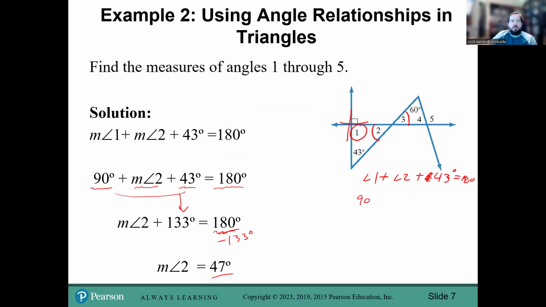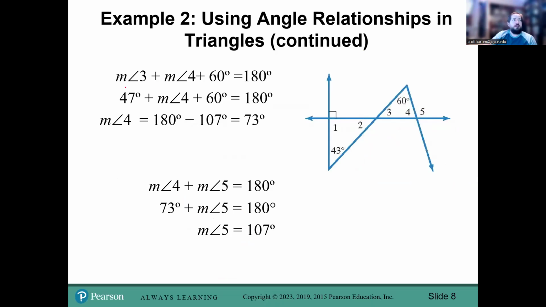And if angle 3 is 47, they do this on the next one. Angle 3 plus angle 4 plus 60 inside this triangle all have to be 180. But we just found that angle 3 is 47. So 47 plus 60 is 107, which I will then subtract from 180, and I'll find that angle 4 has a measure of 73 degrees.